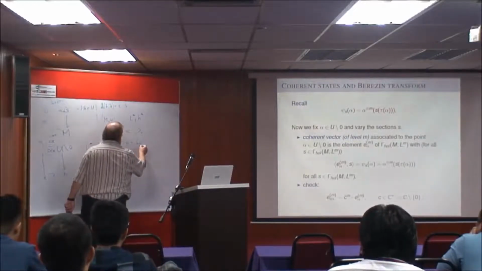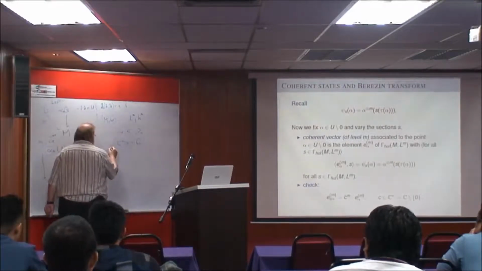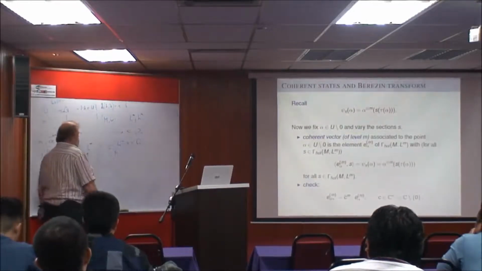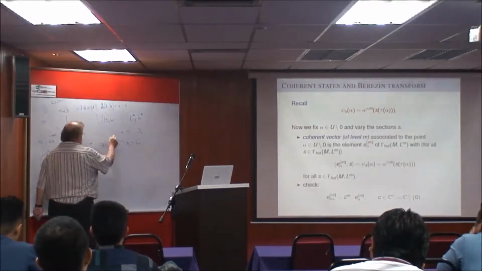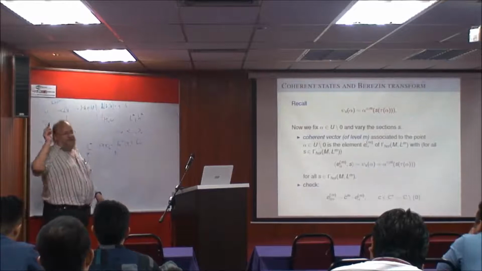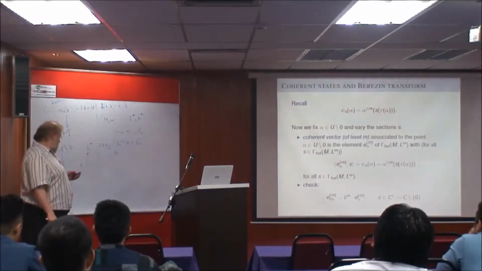This was a volume measure. This was our scalar product up to some factor, 1 over n factorial and so on, which is not important for us. But this was the scalar product.